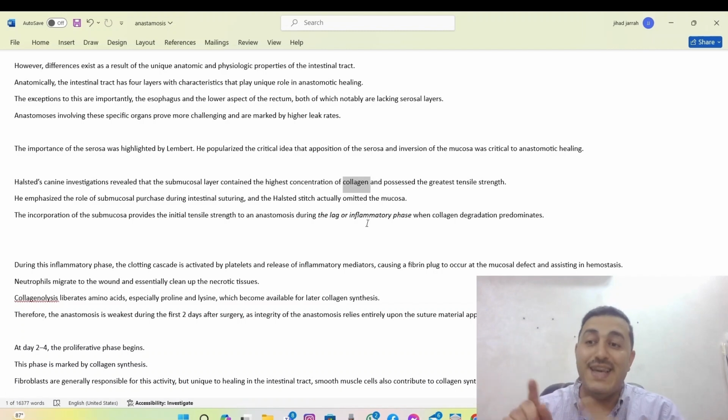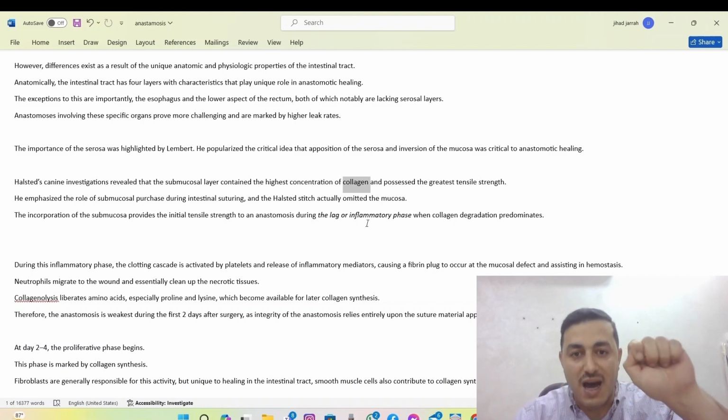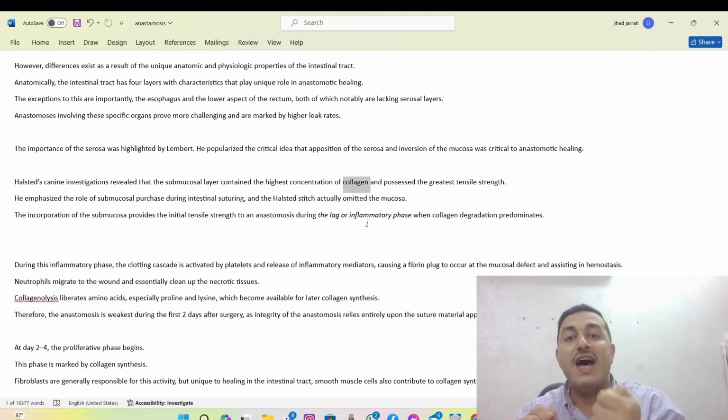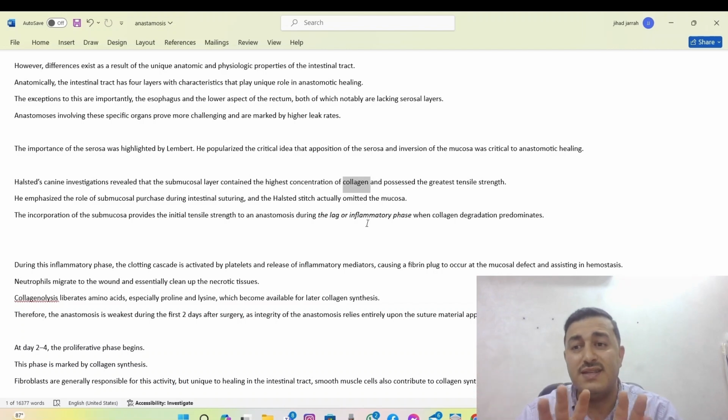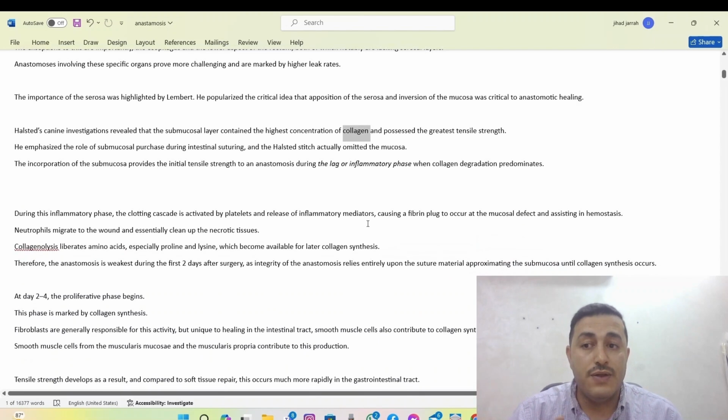So he said that we should involve in our suturing the submucosa, not only the serosa, and that there is no need to close the mucosa.